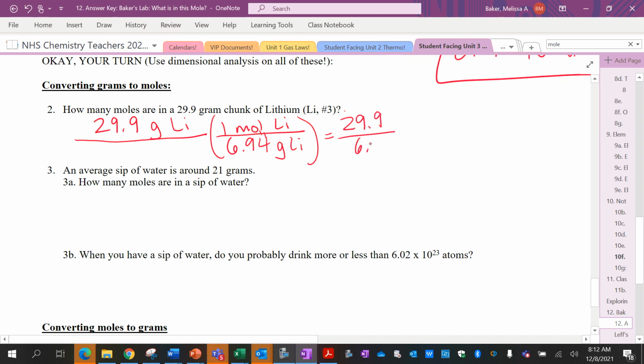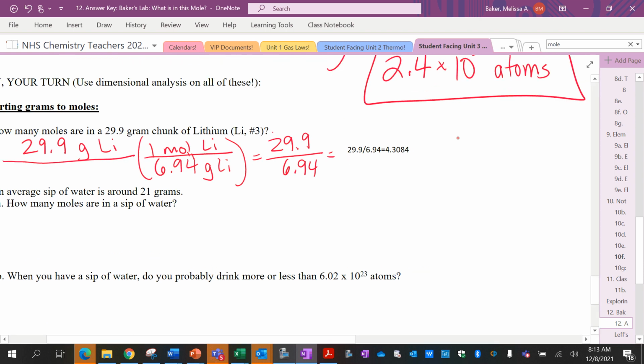Divide by the bottom. 29.9 divided by 6.94. I'm going to need 3 significant digits. So my answer would be 4.31 moles of lithium. Because grams cancel out.